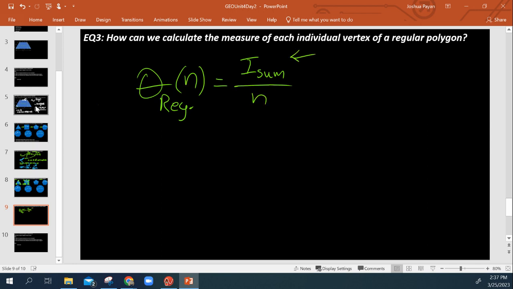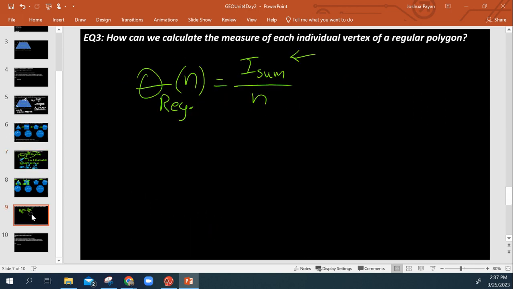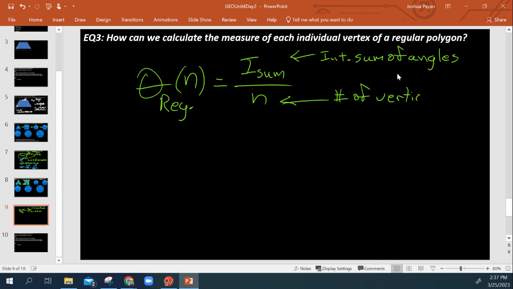So this I sum is the same I sum from the previous video. And n, of course, is the number of vertices or sides.